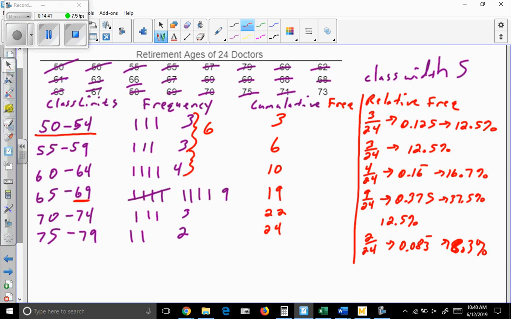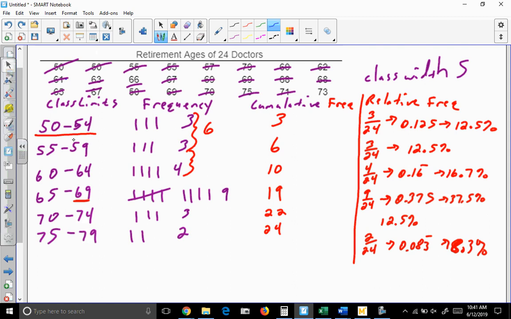So remember, with our class boundaries, we don't want to have any gaps. Notice from 54 to 55, there's a gap. Those are consecutive integers, but there are gaps between integers: 54.1, 54.2, 54.3, and so forth.